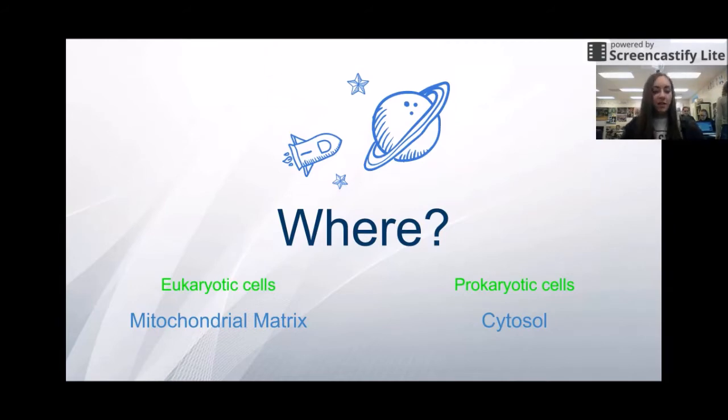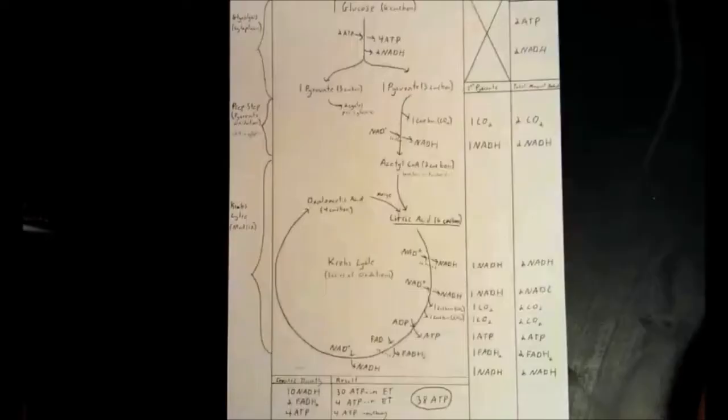It's actually a lot less liquid than the cytoplasm of the cell, and it has the DNA and ribosomes of the mitochondria, but most importantly, it has the enzymes that are going to catalyze the oxidation of pyruvate. And then in prokaryotic cells, it's all happening in the cytosol, because prokaryotic cells don't have mitochondria. And the cytosol is basically the cytoplasm that's not bound by organelles.